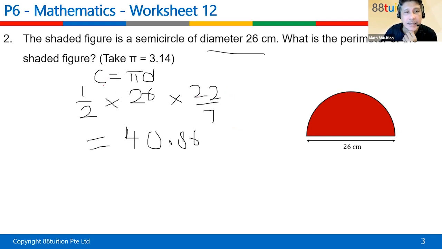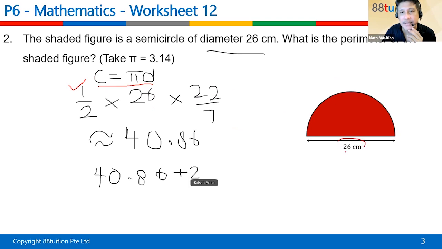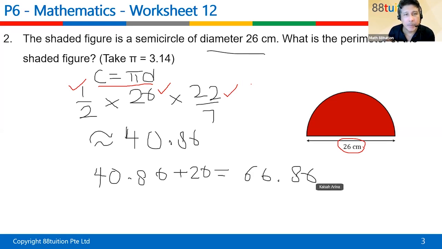I can see the formula written for circumference, which is pi d, but since we are not solving for the full circle, we are solving for just half of the circle. That's why we call it a semicircle, right? So you notice the half is put in. Then the diameter, which is 26, is put in. So half multiplied by the diameter will get us the radius, right? Then you multiply by the pi. Yes, that is correct. Kaiser, I think you have a minor calculation error.